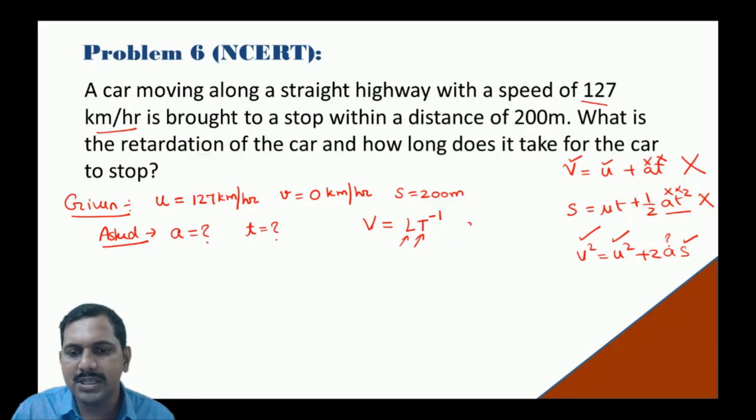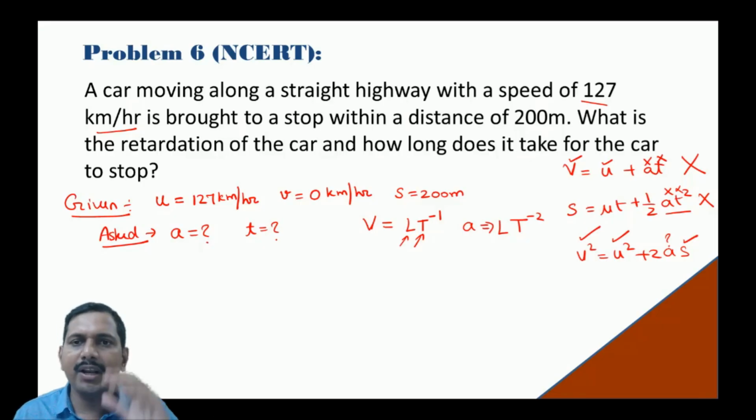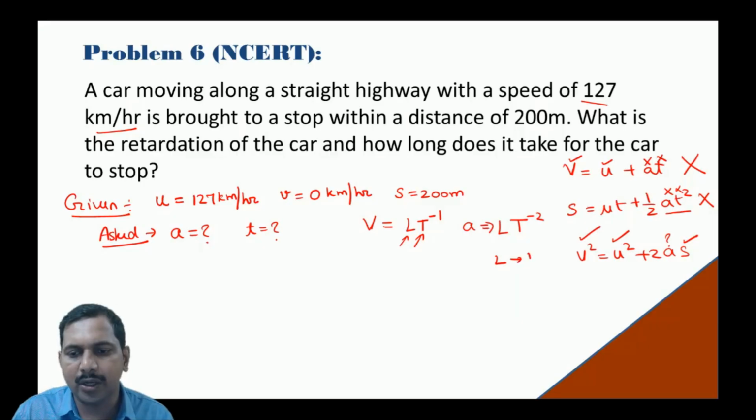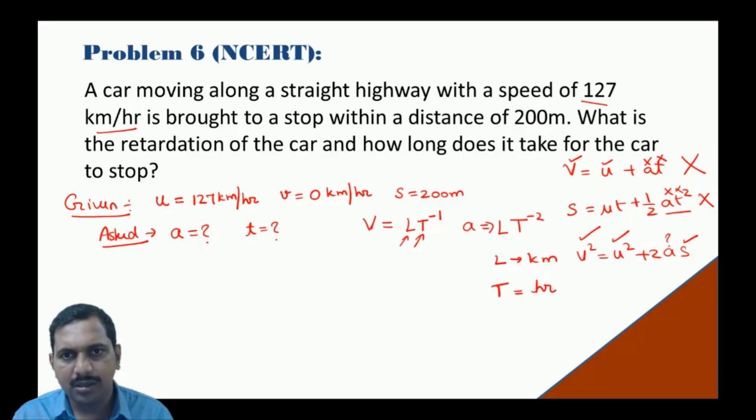And when you consider acceleration, the dimensional formula is LT raised to minus 2, right? So we will keep the same thing here. So L we are taking in kilometers and T we are taking in hours. This has to be very clear to us.